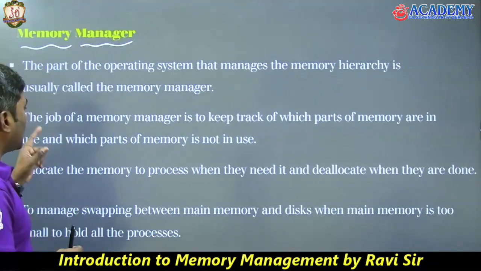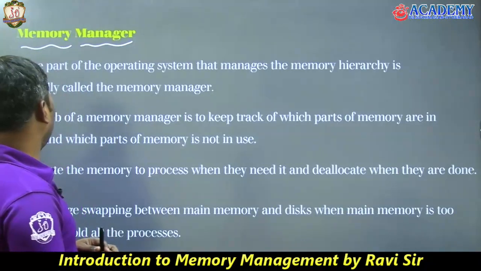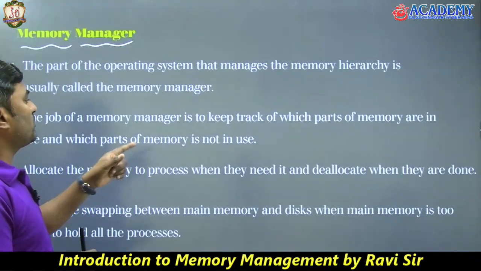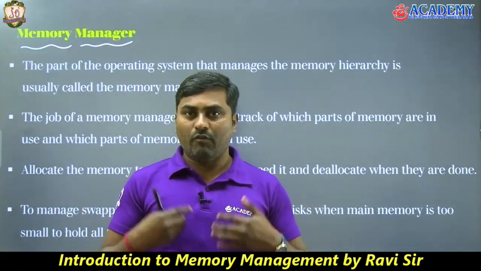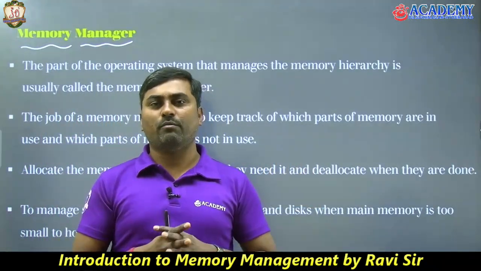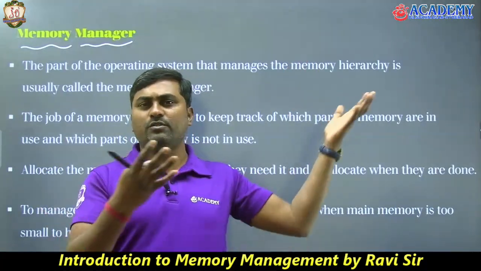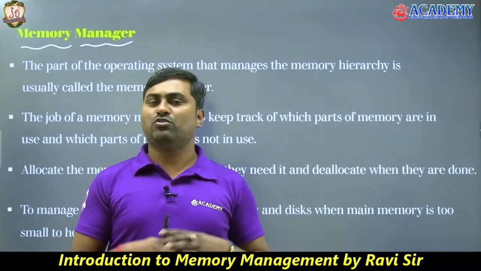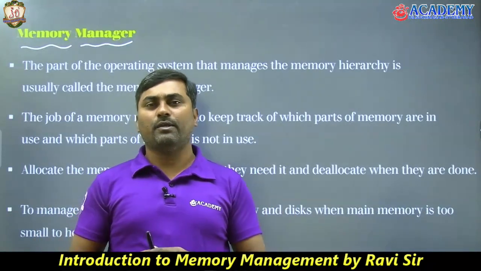The job of the memory manager is to keep track of which parts of memory are in use and which parts of the memory are not in use. What does this line say? Our major focus is the multi-programming environment, right? So multiple processes we want to keep. When you keep several processes in main memory, some of them will complete, some of them we can suspend into secondary memory, correct?